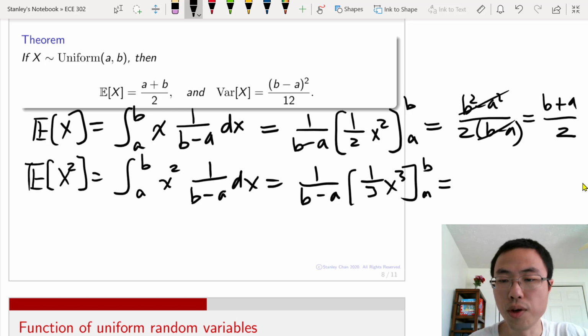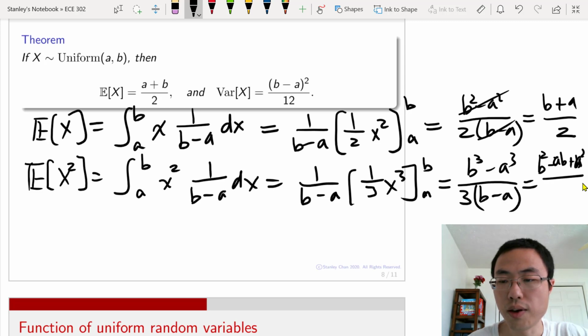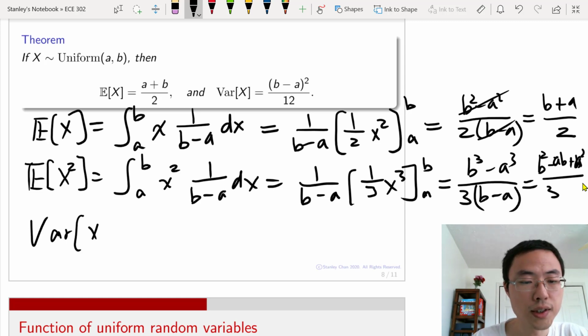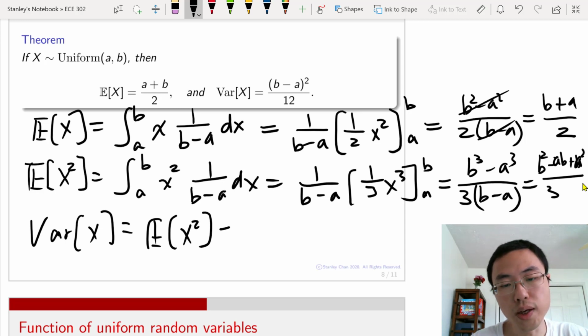That will give you b cubed minus a cubed divided by 3 times (b minus a), and so that will give you (b squared plus ab plus a squared) divided by 3. The variance of x is just the second moment minus the first moment squared, so you have mu squared. Mu is the expectation of x.